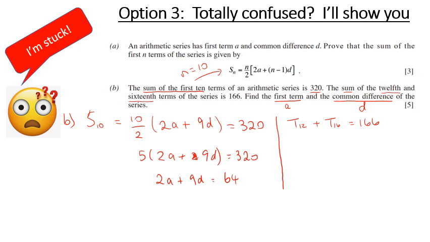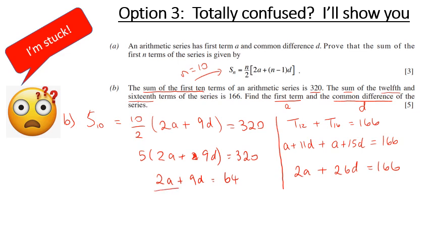Well, the 12th term would be a plus 11d. Remember that the number of d's is always one less than the term number. And then the 16th term would be a plus 15d. And they tell us that if we add those together, it gives us 166. And then I can simplify that because there are two a's there, and 2a plus 26d equals 166.